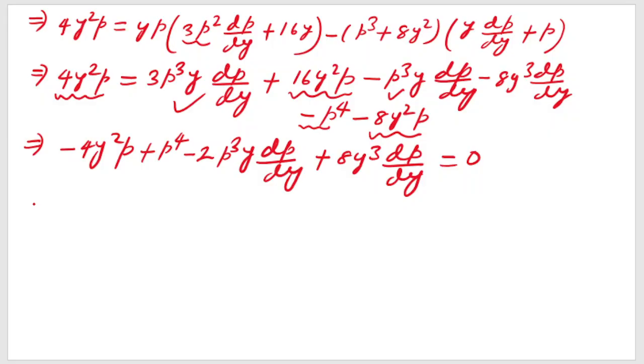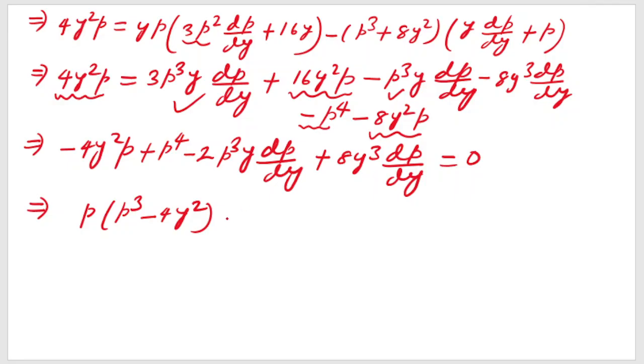Now I have to solve it for dp by dy. So what can be done? From this, if I take p common, I will get p cube minus 4y square. I hope it is correct: p cube and minus 4y square.